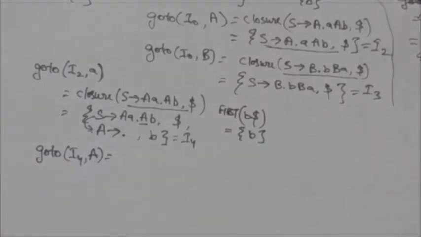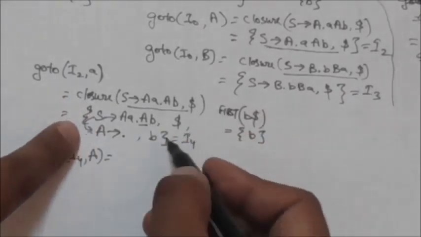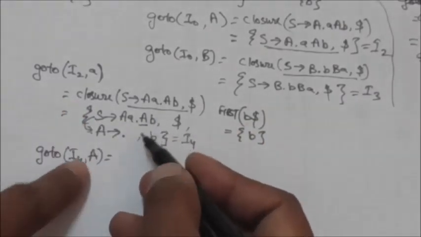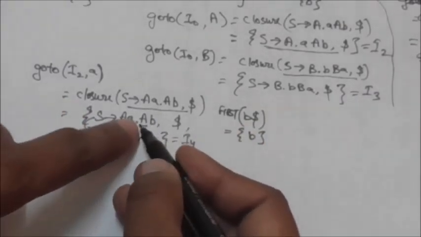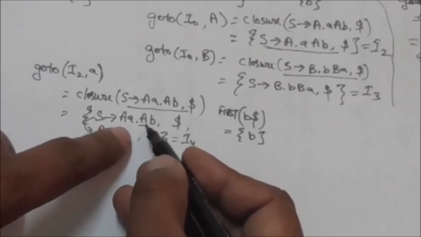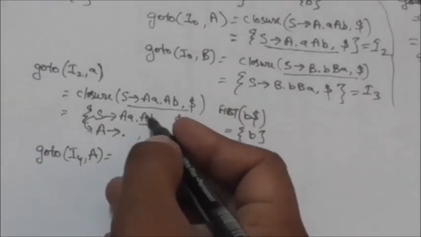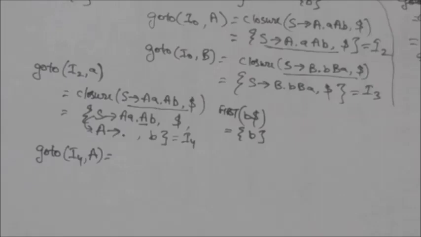So in that case what will happen? In state I4 we will find the item where the dot is preceding this non-terminal symbol A, and then this dot will be shifted to the right of non-terminal symbol A in that item, and then we will find the closure of that item.